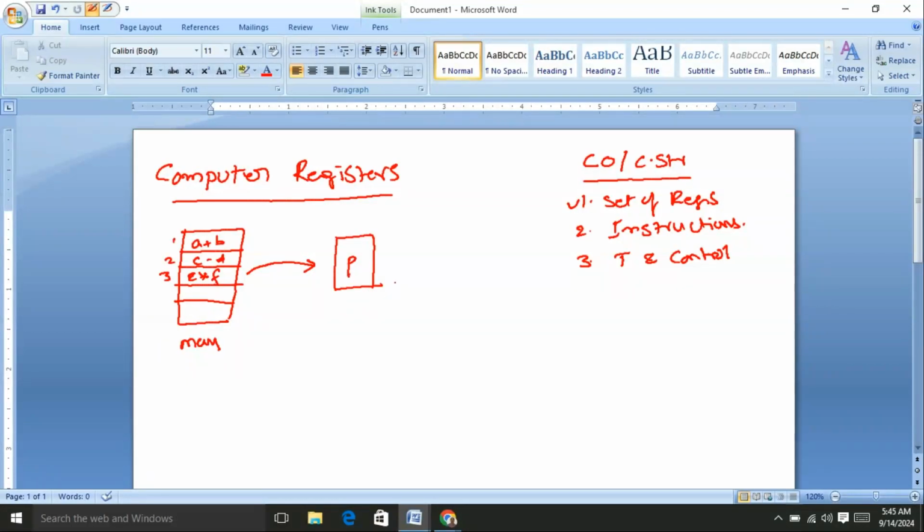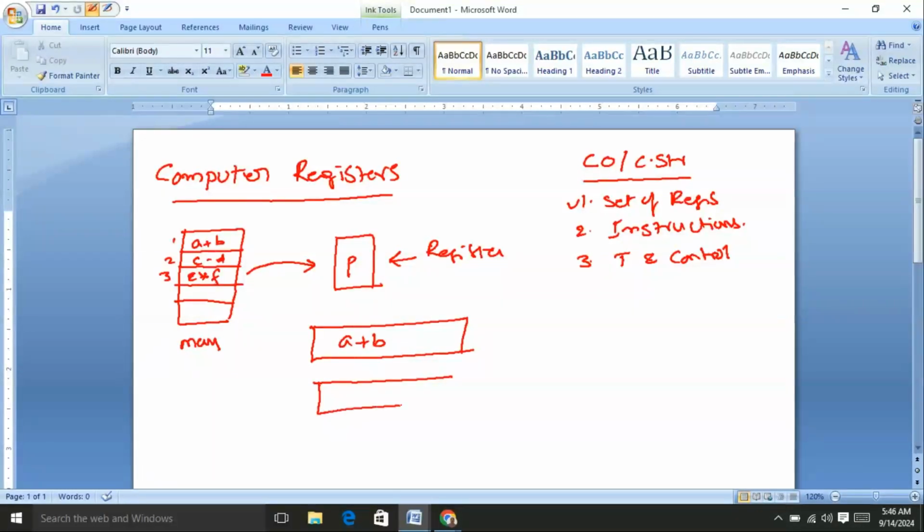So we know that the registers are located in the processor. Okay, where are the registers? The registers are in the processor. These instructions are fetched from the primary memory and stored within the registers before processing and during the processing.